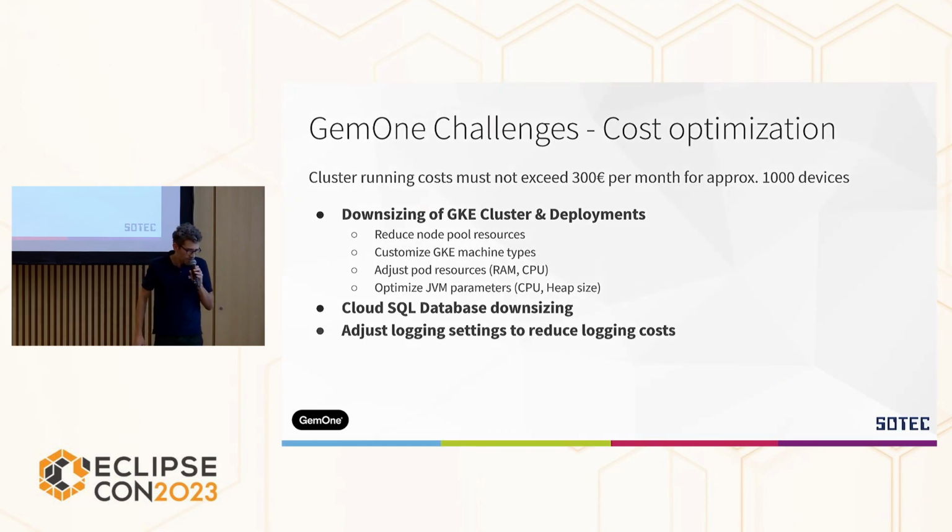So what have been the challenges for them? They started with a quite limited number of devices that had previously been connected to Cloud IoT Core, and one of the challenges was cost optimization. So this goes in the direction of operating the platform. Their expectation was that this would not be more expensive than Google Cloud IoT Core.